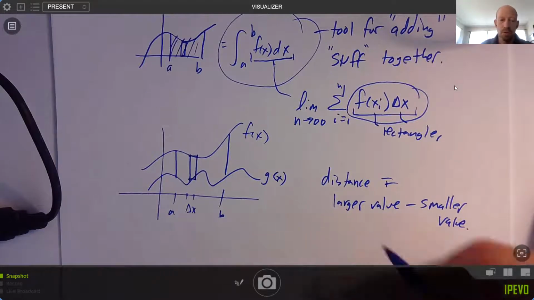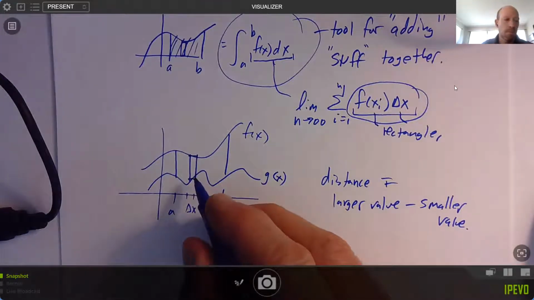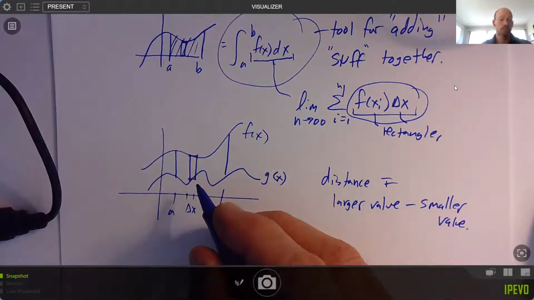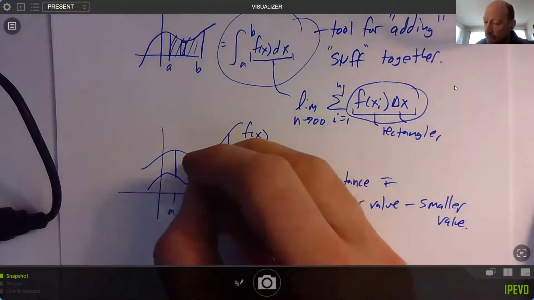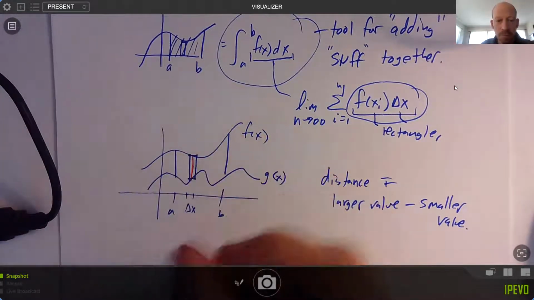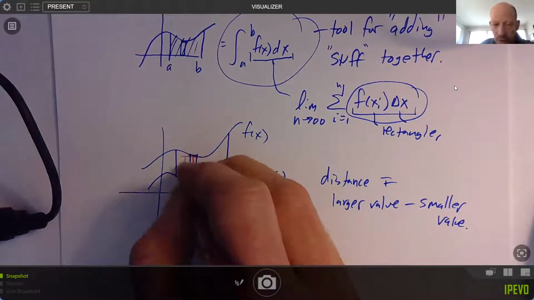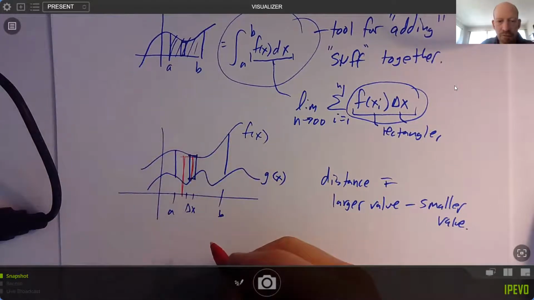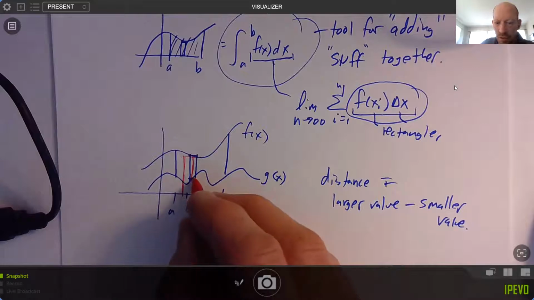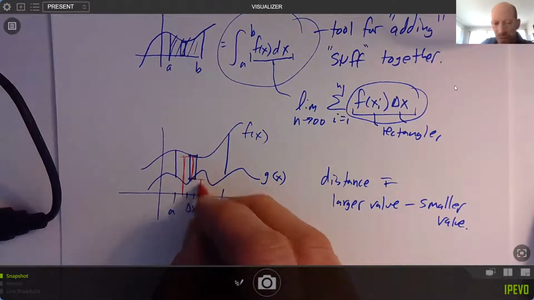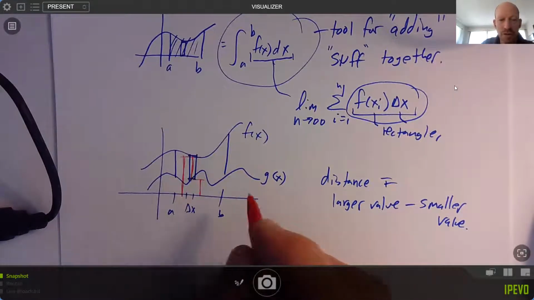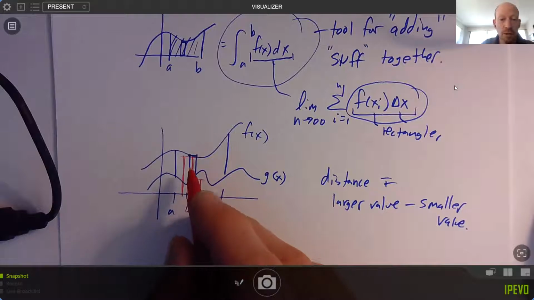So this distance from there to there: the larger value is f of x sub i, and the smaller value is g of x sub i. If I subtract those two, I get the distance that I want.